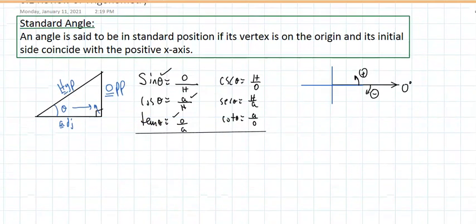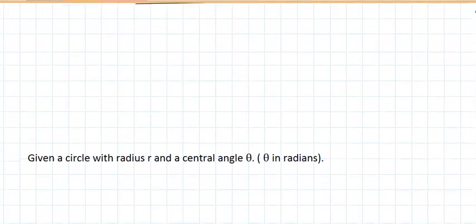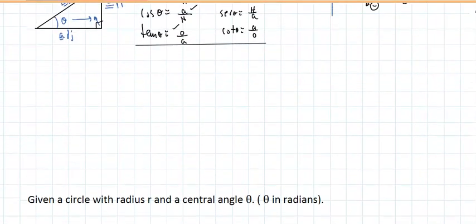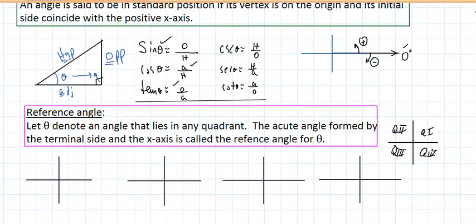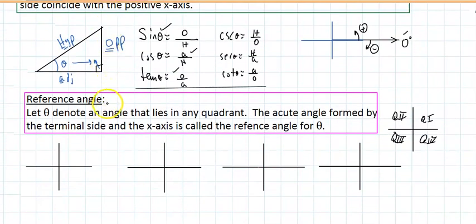So if I rotate starting on the positive x-axis, a very important angle is the reference angle. What I'm trying to do is mimic this triangle in all the quadrants. We say, let theta be denoted as an angle that lies in any quadrant.